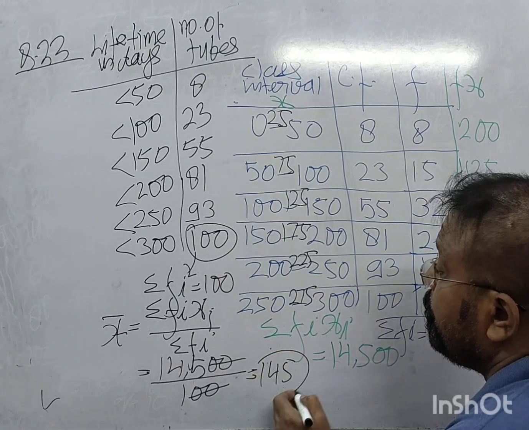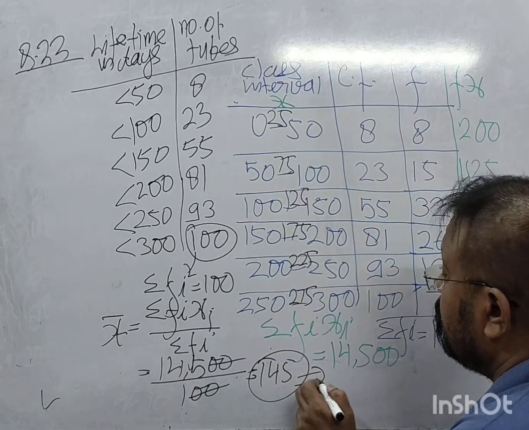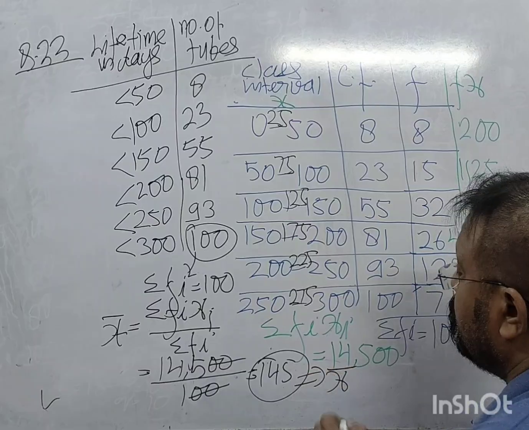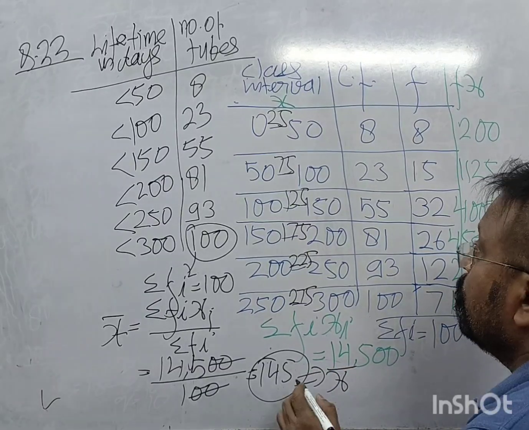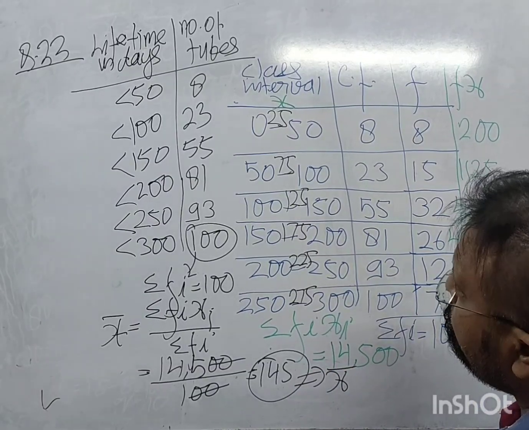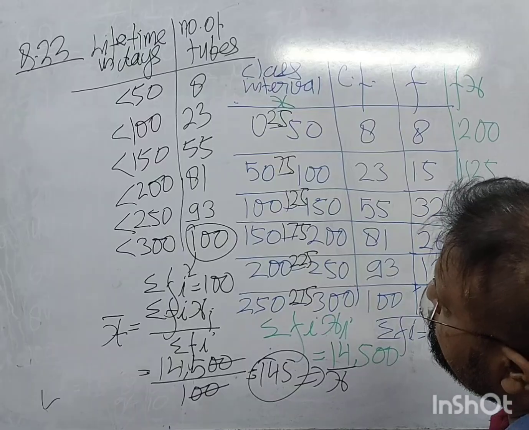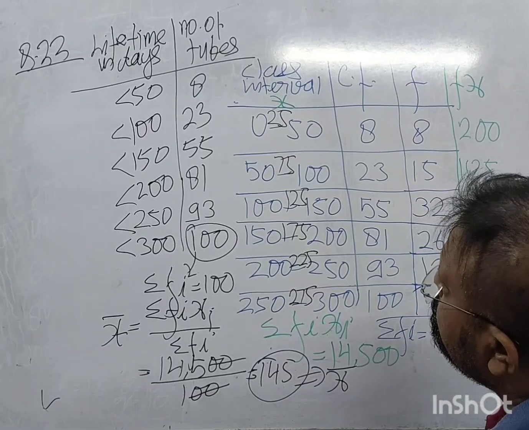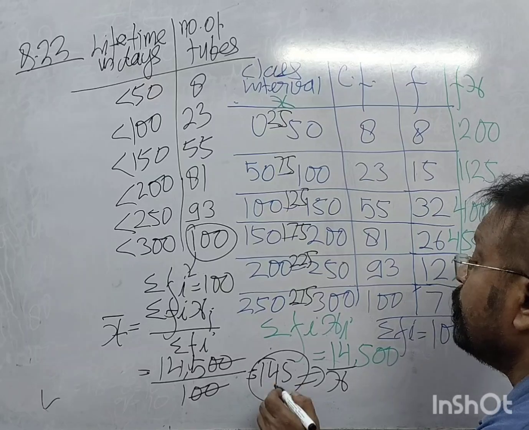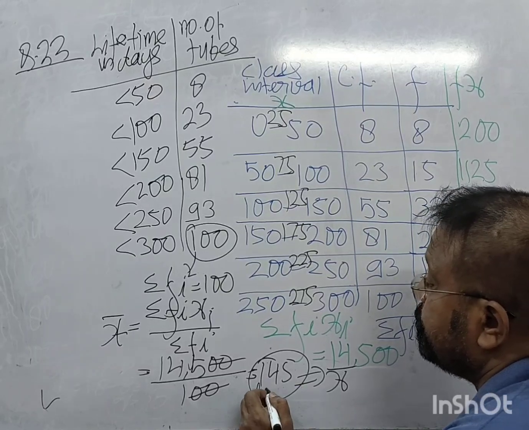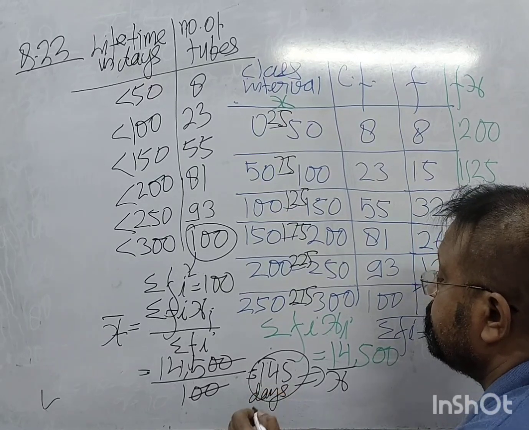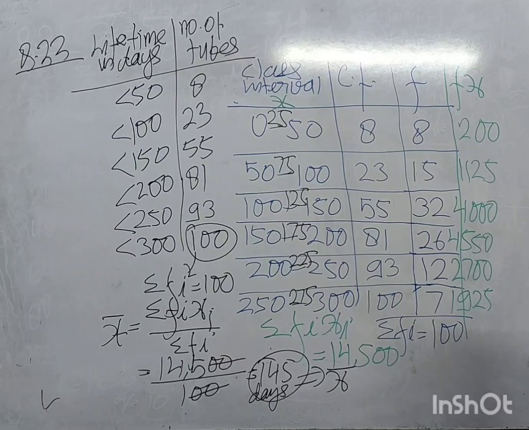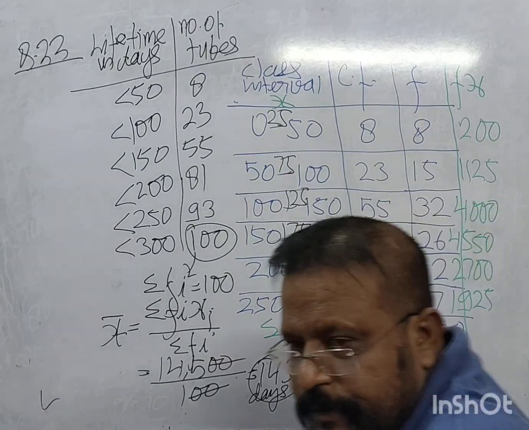What is your mean? 145 days. This is 145 days. Mean days is 145. Get this?